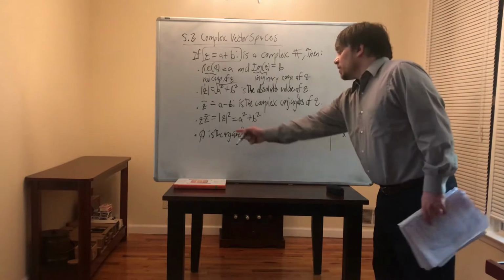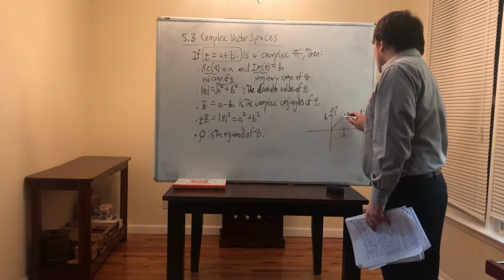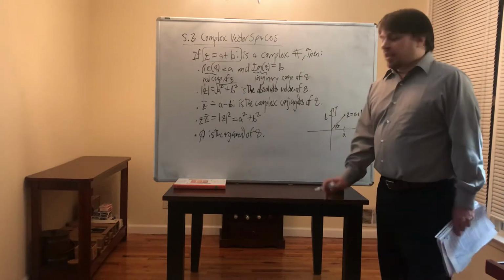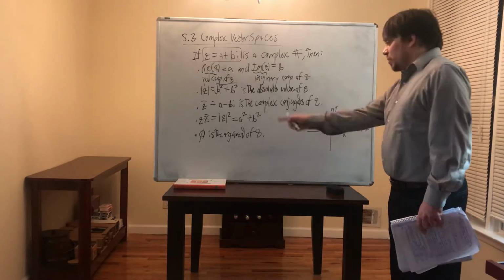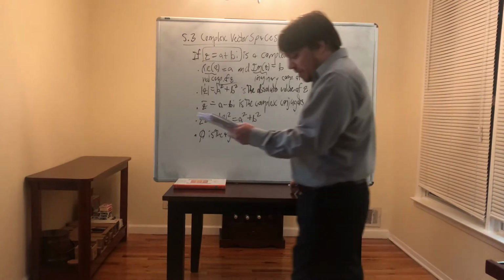And phi, the argument of z, would be the angle from the x-axis to the ray going from the origin to wherever z is. That would be not theta, phi. Here I'm using that symbol. So that's the argument of z, that angle I have to measure.